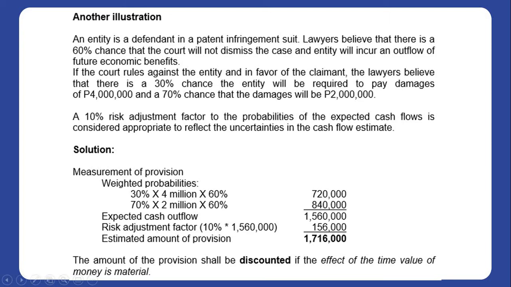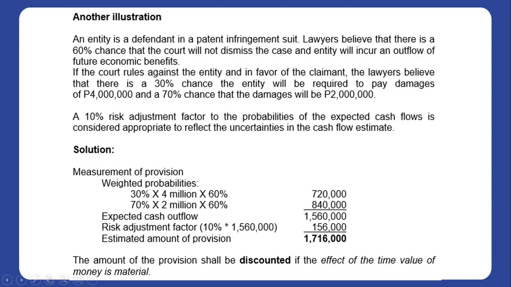Now, since there has been an estimation on the risk associated with this expected cash outflow, and the risk adjustment is 10%, what will happen? We need to adjust this cash outflow to adhere to the risk adjustment factor, and that is 10%.